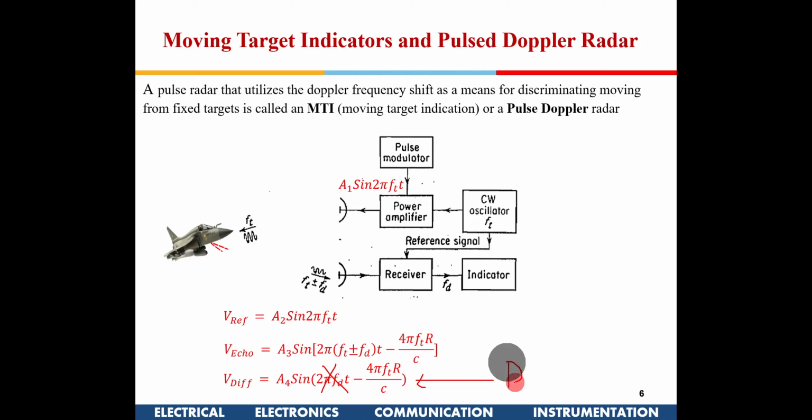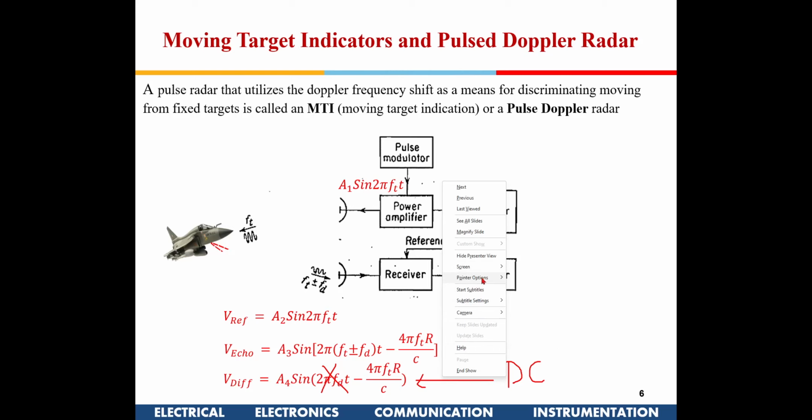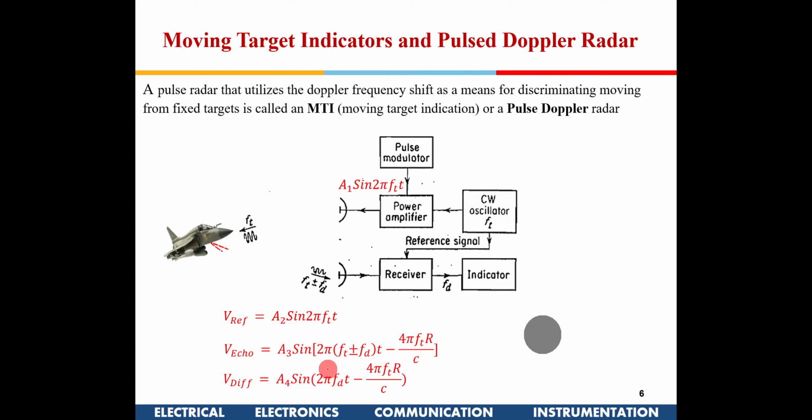So I get a DC signal for a stationary target. Whereas if there is a relative motion between the target and the antenna, I have an fd signal. So I get a sinusoidal signal. So now I have an AC signal.